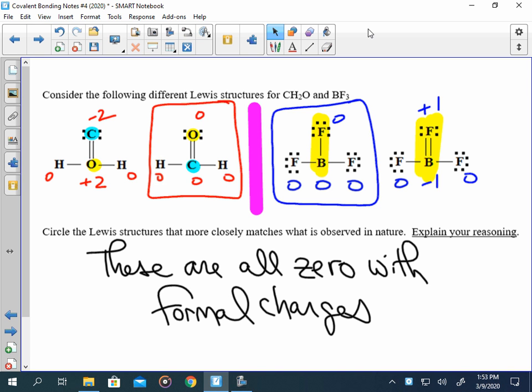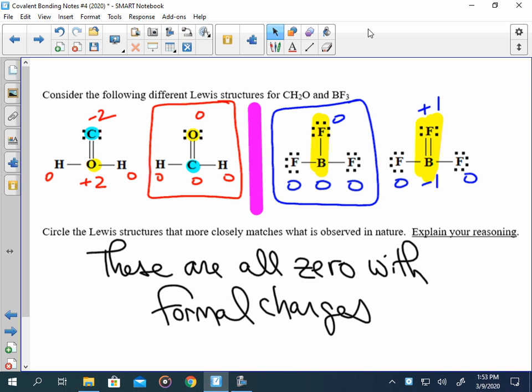But the pain and discomfort of putting a +1 on a fluorine outweighs any benefit that we would see of the octet. So it's kind of a case-by-case basis where we say, if this is what we observe in nature, why would it do that? Oh, okay, it must be that this would require too much energy. And you're not going to get the stability that you thought you would get.